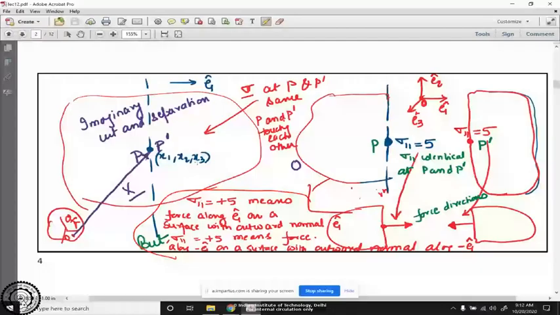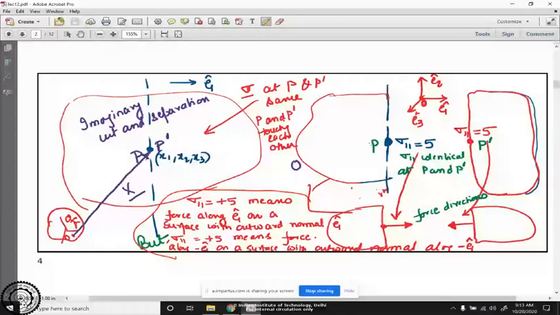Sigma is defined there. Now P and P prime, and now you take an imaginary cut using this surface which has unit normal along E1, and in your imagination you separate the two parts, left part and right part, and P and P prime are points which have coordinates x1, x2, x3.